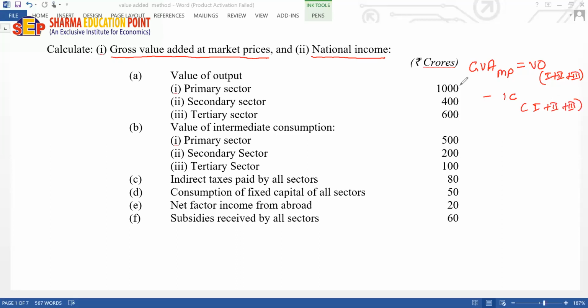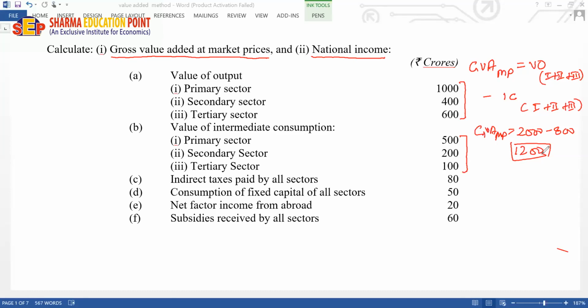So this is value of output of all sectors and this is intermediate consumption of all sectors. So primary, secondary, tertiary तीनों का अगर हम एक साथ करके आप निकालेंगे तो your GVA at MP, तो आंसर ये कितना हो गया 2000 minus 800. So yes, you are right, it's 1200. So this is GVA at MP. This is the first answer, GVA at MP.